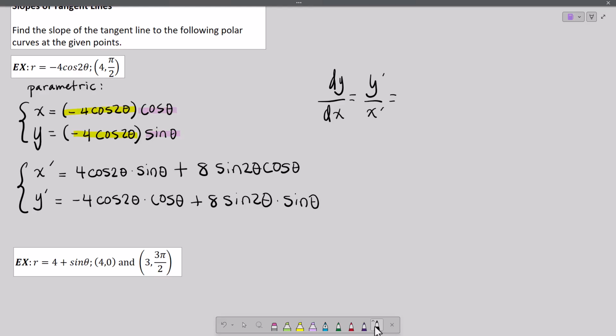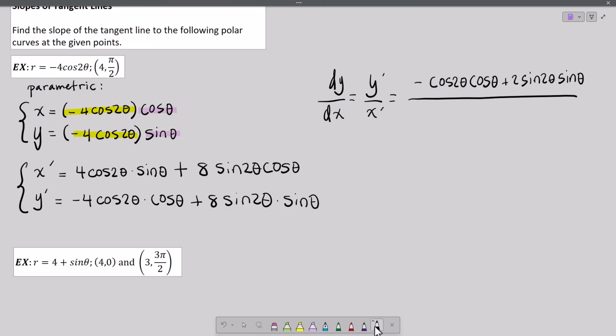So we can visualize this here, y prime over x prime, and we can cancel out a 4, I think, right out of the gate, right? Everybody sees that there's a 4 common to both of those. So y prime over x prime, I'm going to divide out a 4. So we're going to end up with minus cosine of 2 theta cosine of theta, plus 2 sine of 2 theta sine of theta.